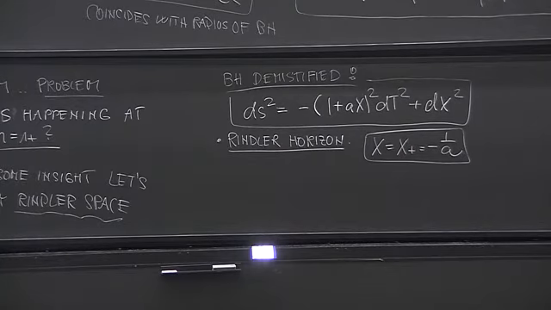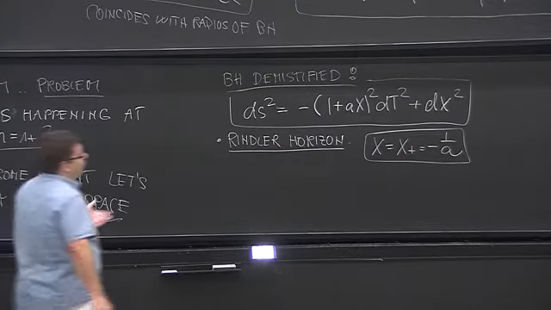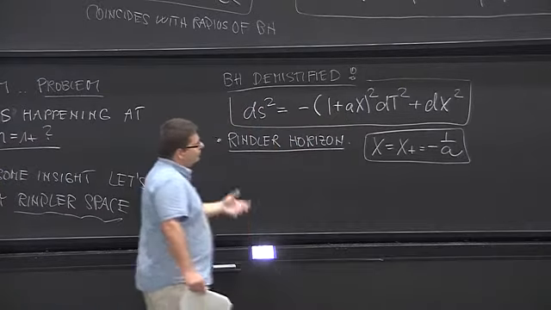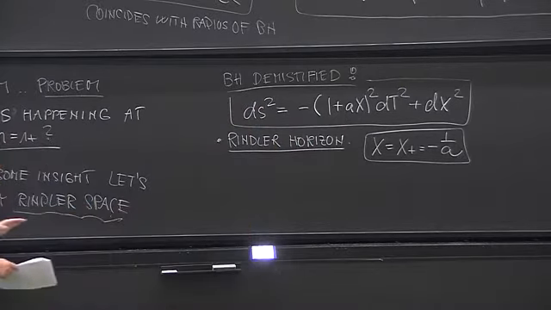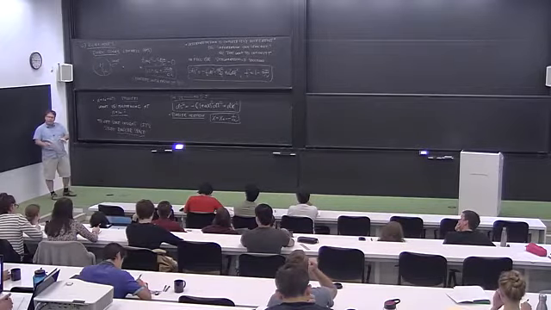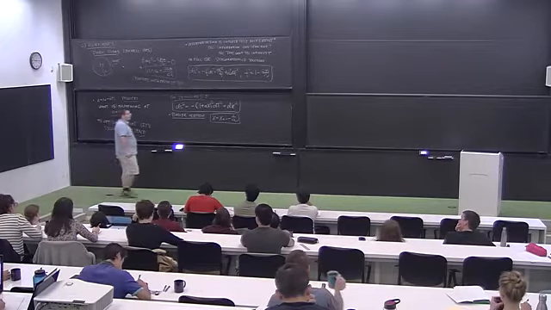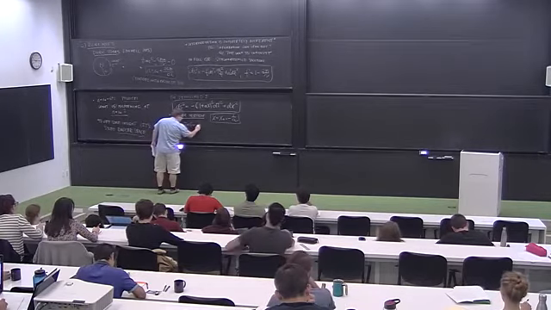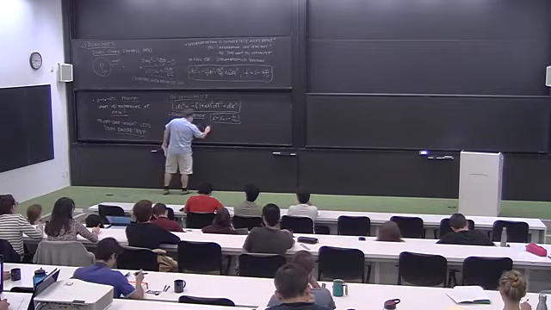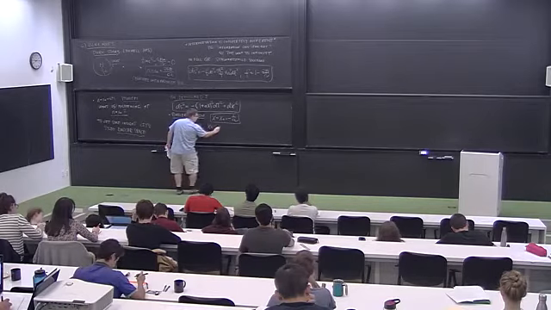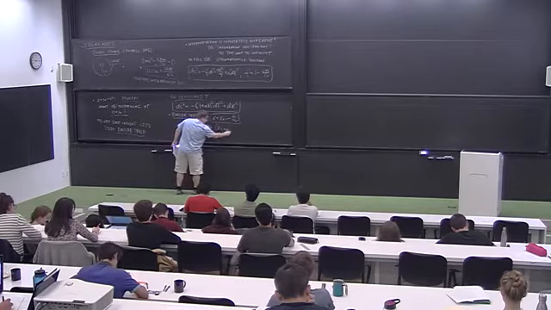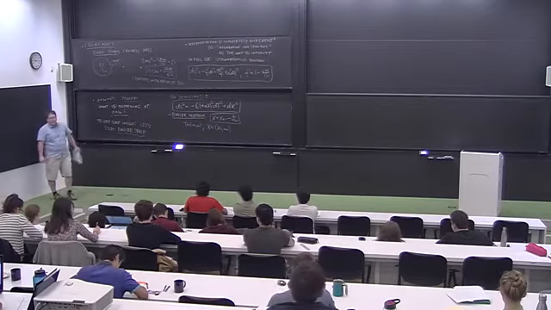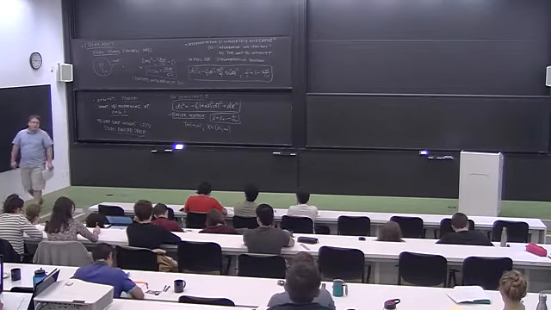And of course, what it means is that if I am to understand this metric as it is, I have to limit myself to considering only x bigger than x plus. So my range of coordinates is t goes from minus infinity to infinity, but x goes from x plus to infinity. Okay, I cannot go through x plus because the metric is not well defined there, right?